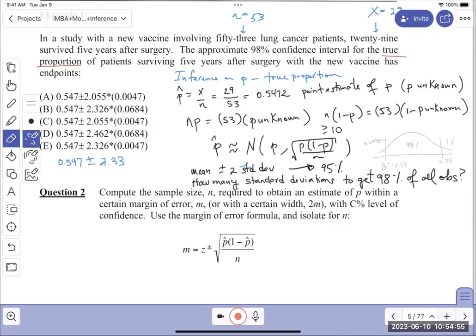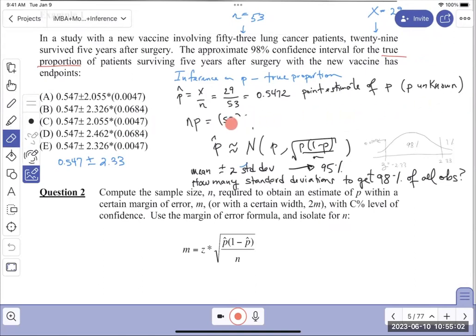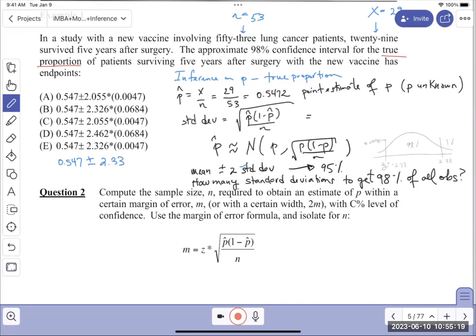Let me erase this part, because that's going to be fine. That's going to be handled. And we're going to calculate the standard deviation. So my suggestion is that you do not put the 1 minus in, you just put the value in.